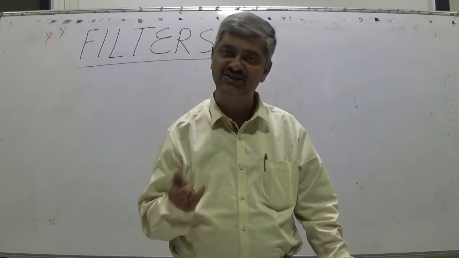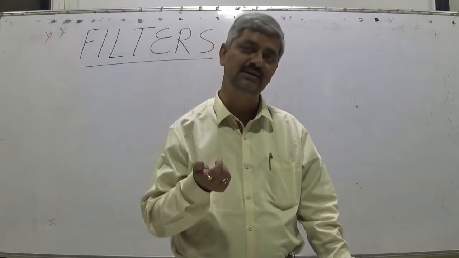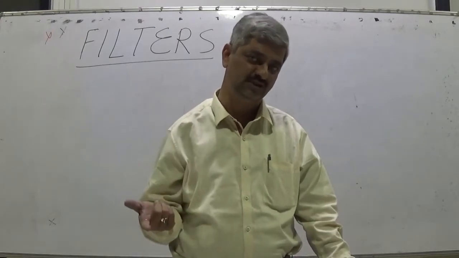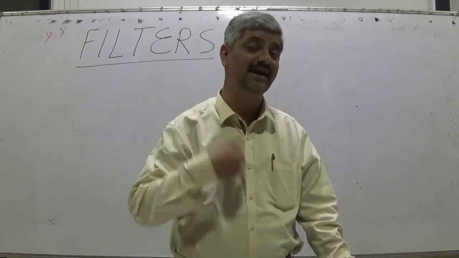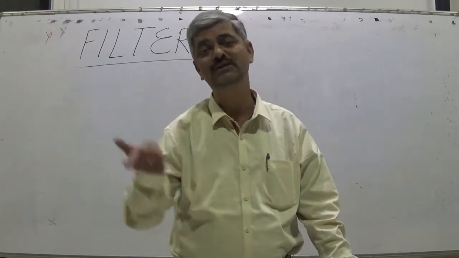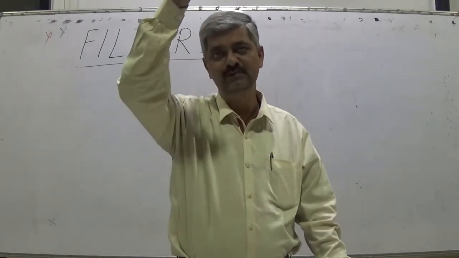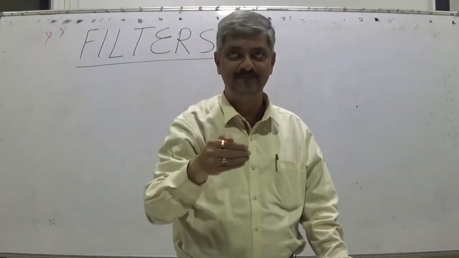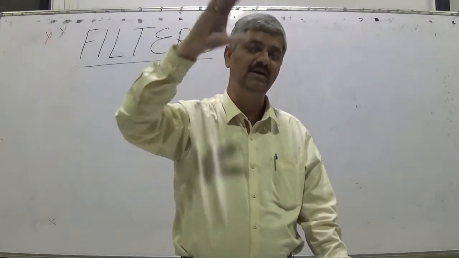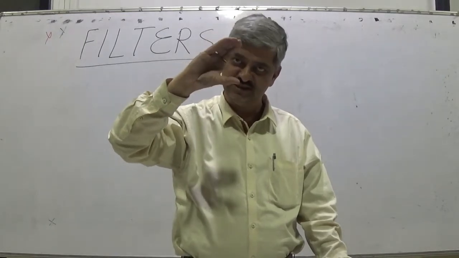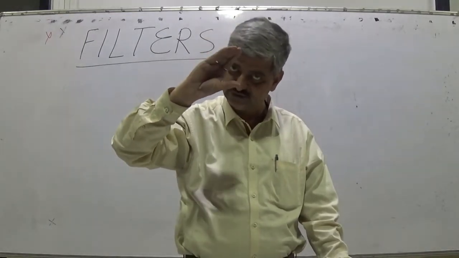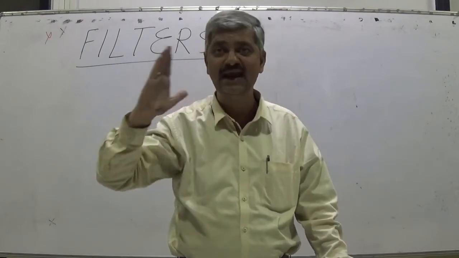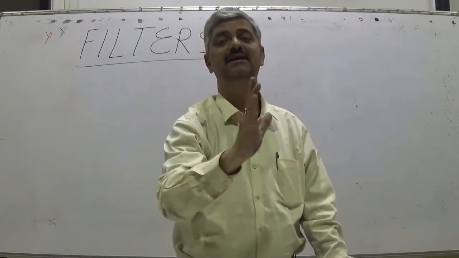What may change is the amplitude with respect to the original input signal and the phase of the output with respect to the input. So when input sinusoid and output sinusoid are plotted one below the other, their frequency is the same, and the amplitude changes. If it is a passive circuit it reduces, and if it is an active circuit it may also increase, and the phase is shifted.